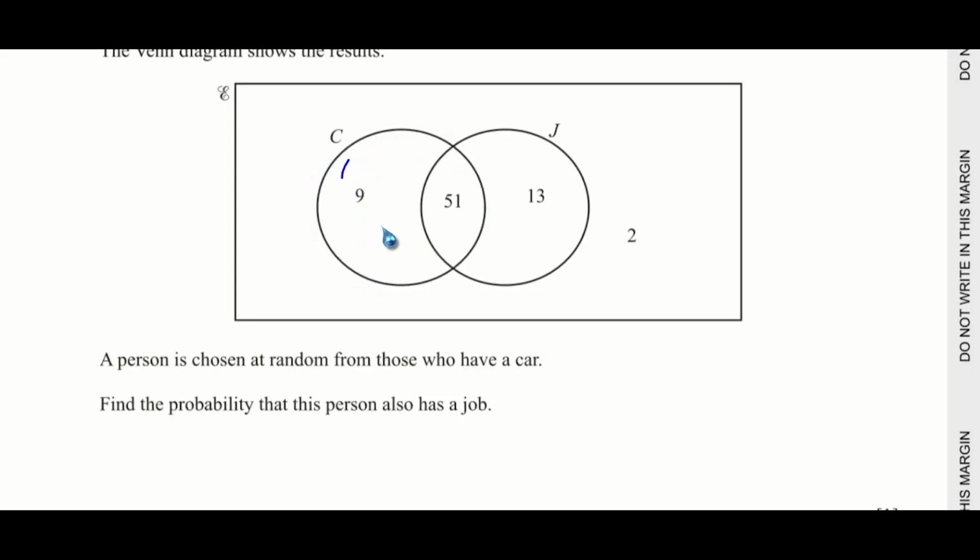So the total will be equal to 51 and 9, that will be 60, because this is the space where we are selecting from. Find the probability that this person also has a job. So it has a car and also has a job.